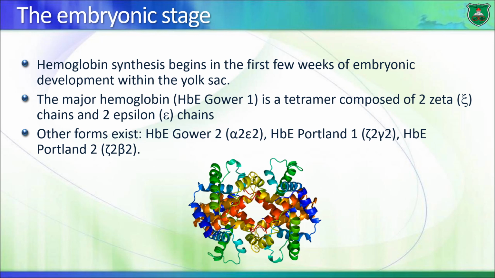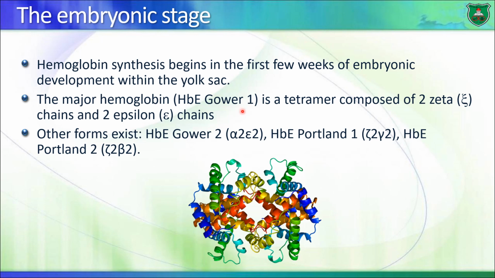So, in the embryonic stage, hemoglobin synthesis begins in the first few weeks, and production occurs from the yolk sac. Now, the major hemoglobin is a tetramer composed of two zeta and two epsilon chains. And it's also known as HbE Gower 1, E for embryonic.